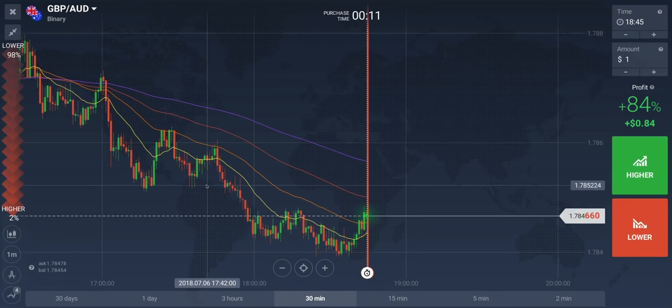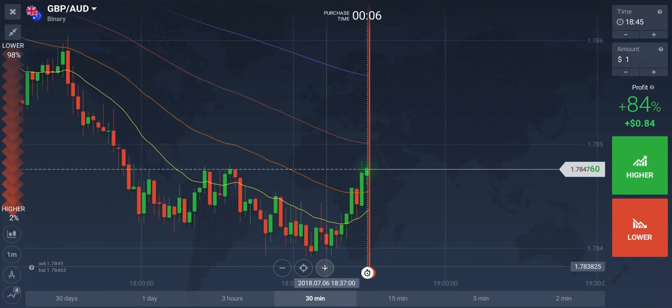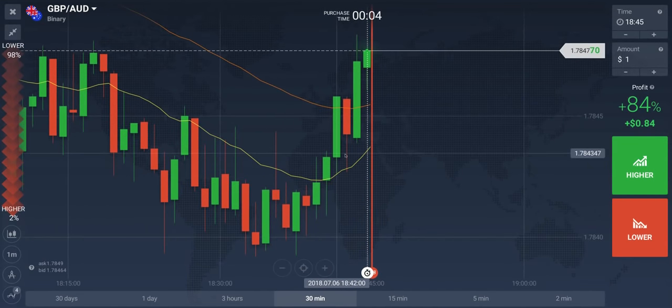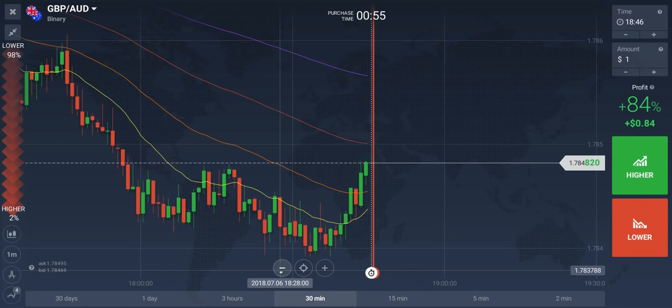So it shows you that the market is currently in a downtrend. But you can see the 20 EMA and the 50 EMA have crossed, which shows that the market is trying to reverse the trend into an uptrend.